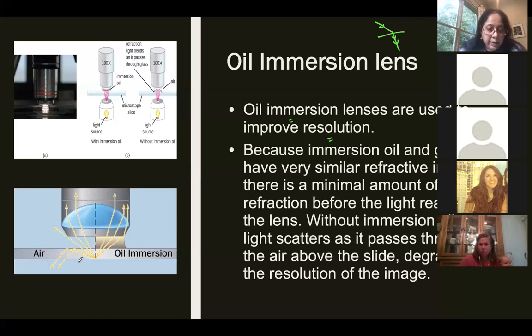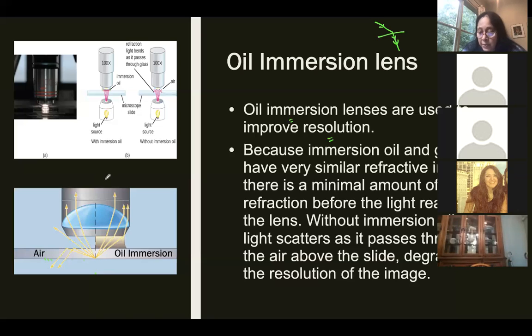So what happened over here? So this is the air. This is, so let's say this is the slide. Okay, imagine this is the slide. This area is the slide. You have the specimen over here. Light is coming from here, and this is your objective lens.